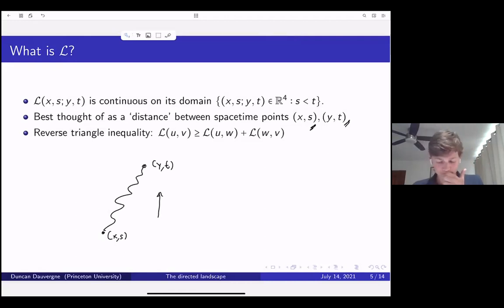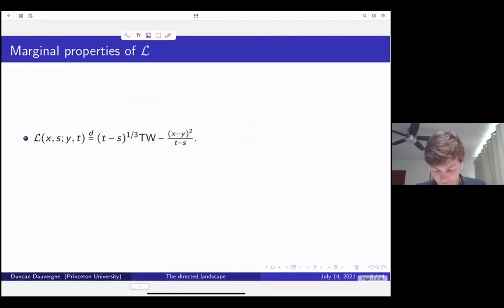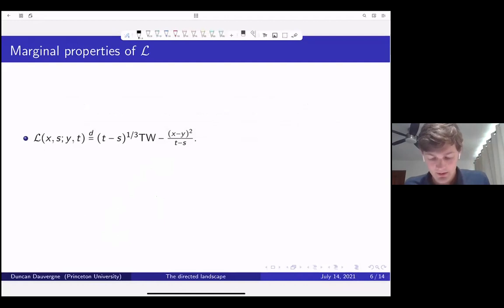Okay. So when thinking about this object, I think maybe the simplest way is to start by trying to understand the marginal distribution. So just understand the 1-point distribution. That's the simplest thing. And there are two parts to this 1-point distribution. The first is a random part.